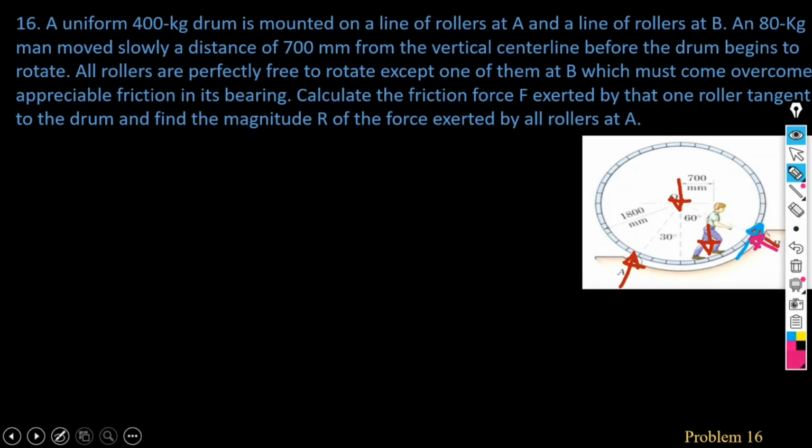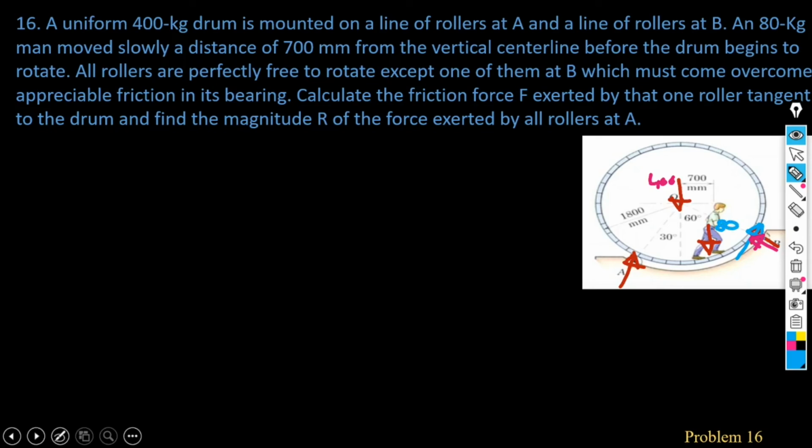Calculate the friction force F exerted by that one roller tangent to the drum and find the magnitude R of the force exerted by the roller at A. It means we need to calculate the friction force and the corresponding normal reaction force at A. Let's draw the free body diagram.